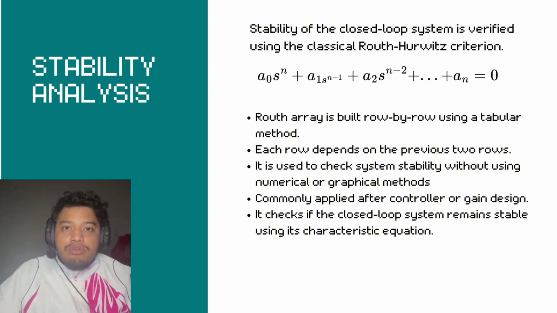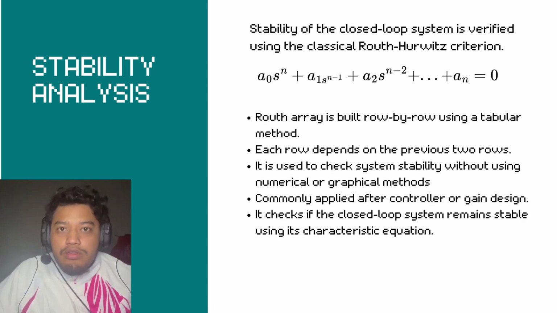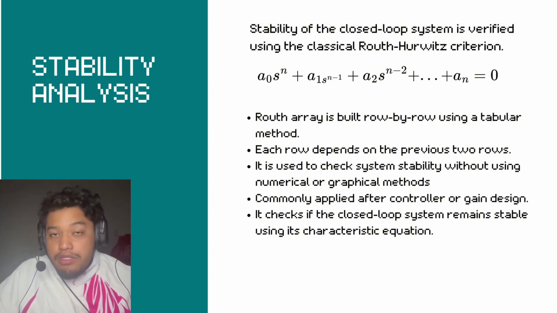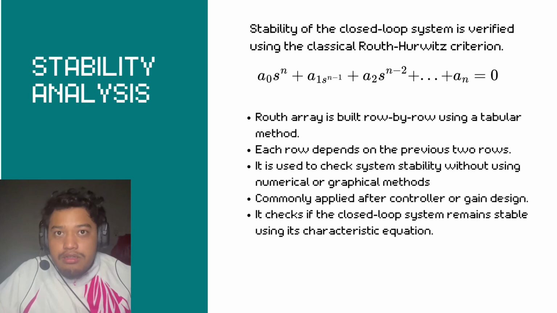So each row in the Routh array is derived from the previous two rows. The main objective is to check whether any roots of the characteristic equation lie in the right half of the complex plane. If all the roots or poles are in the left half, the system is considered stable.